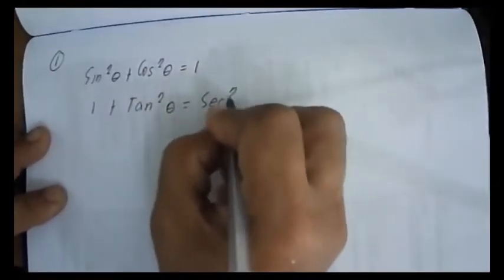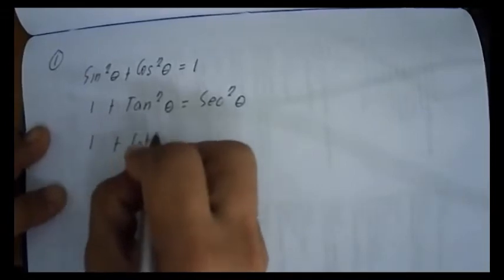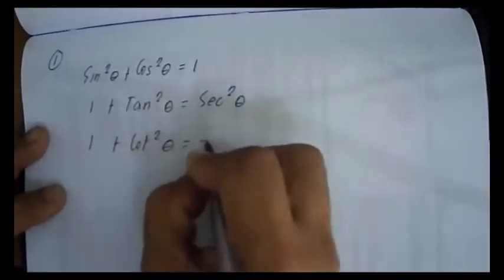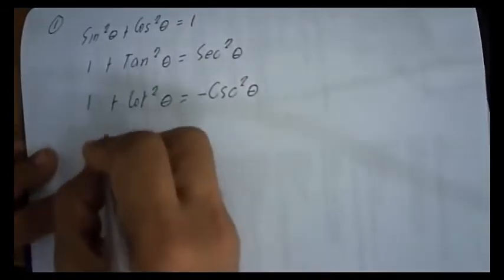These are your proving identities using your right triangle of your acute angle A. Next, we have 1 plus tangent squared theta is equivalent to secant squared theta. 1 plus cotangent squared theta is equal to cosecant squared theta.